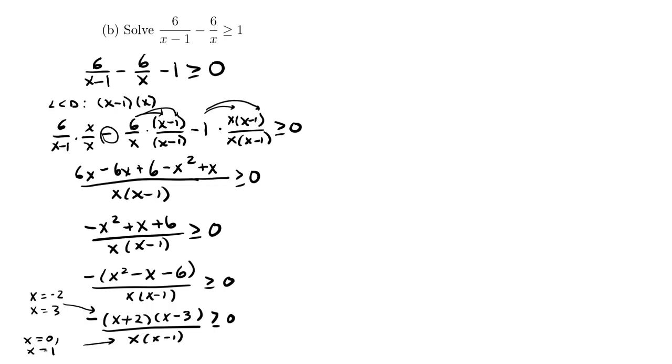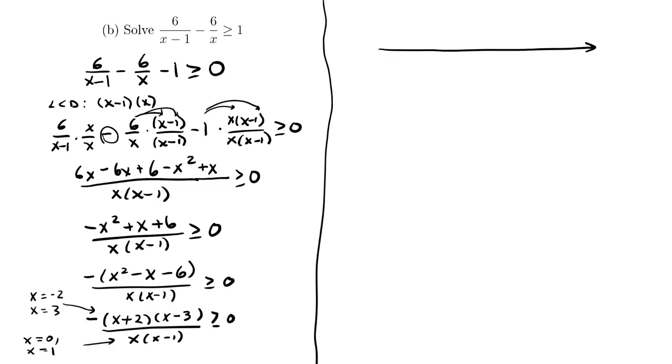All right. So let me just divide the page now. So I'm going to go over here and I'm going to start my number line. And now I have to put all 4 of those numbers. I have to put negative 2, 3, 0, and 1 on the graph. So I'm going to put negative 2, 0, 1, and 3. All right.